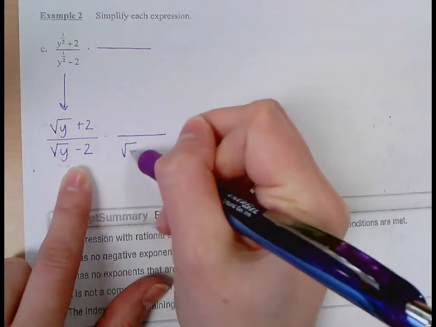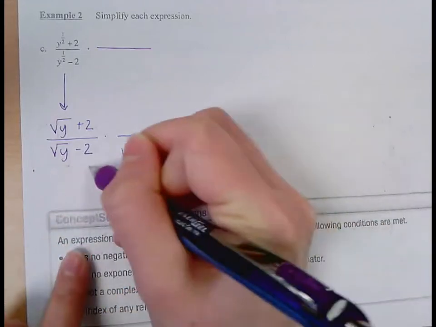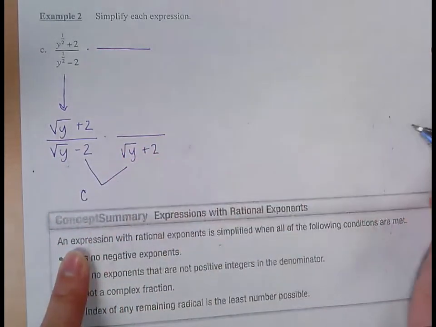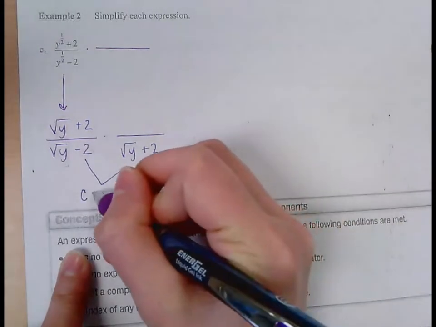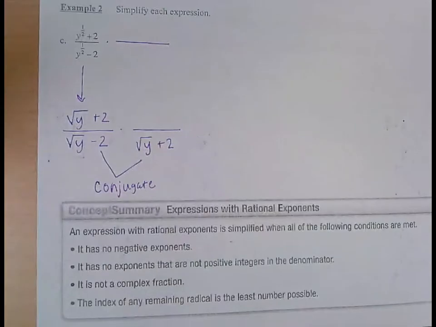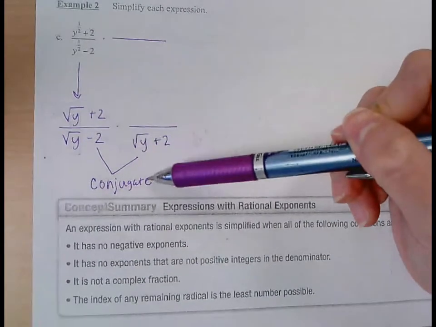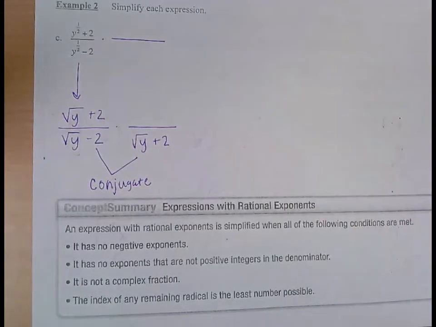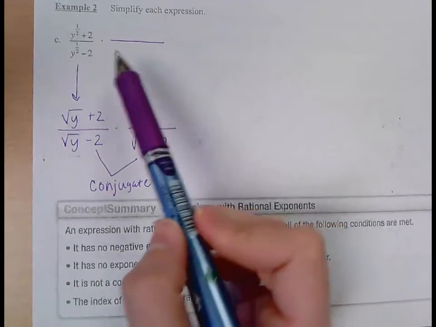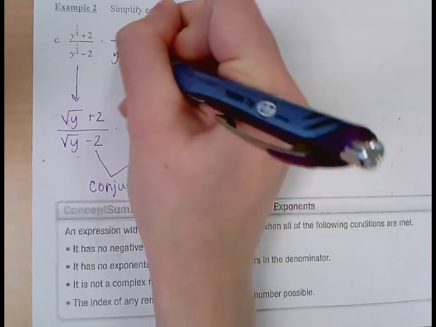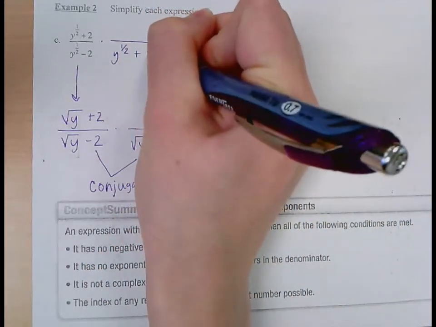Close, the square root of y plus 2, and that's called the what? We're multiplying by the, what does it see? Conjugate, yes. Okay, so then equivalently up here, if you kept it as an exponent, I'm multiplying by the conjugate, so I would be multiplying by y to the 1/2 plus 2.